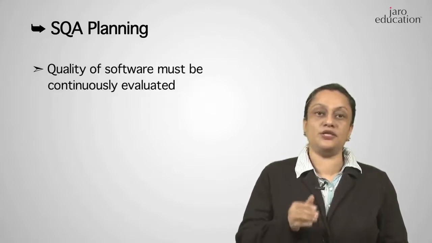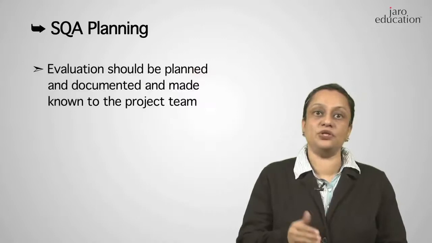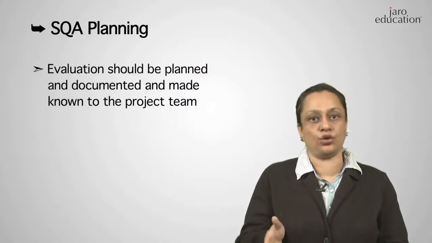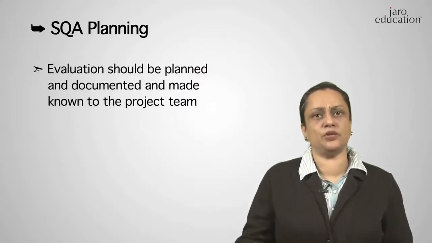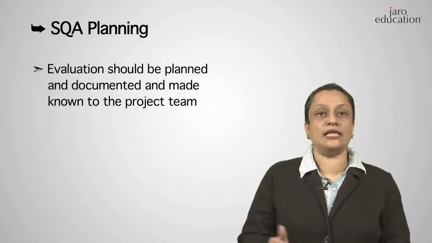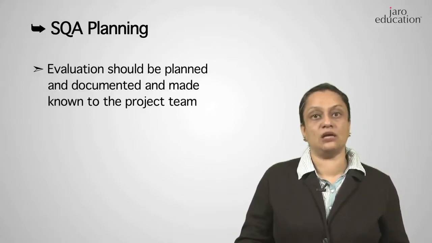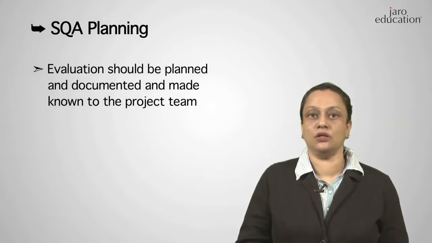So the quality of the software must be continuously evaluated. Each and every work product which goes into creating the software, the code, has to be reviewed and assessed continuously. And this evaluation should be planned and documented, so that everybody in the project team knows that these are the quality assurance activities that will happen, and they will happen at these intervals of time. It will take so much time, and we will get so much time to take action on the review reports.